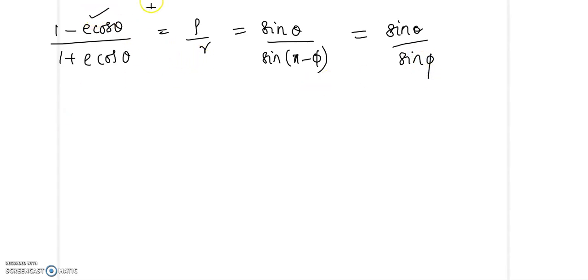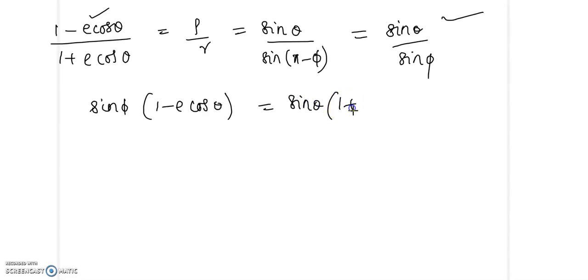Now let us take the first and last equation. So upon cross multiplying, we'll get sin phi into 1 minus e cos theta equal to sin theta into 1 plus e cos phi.